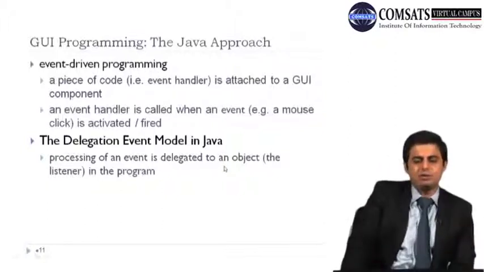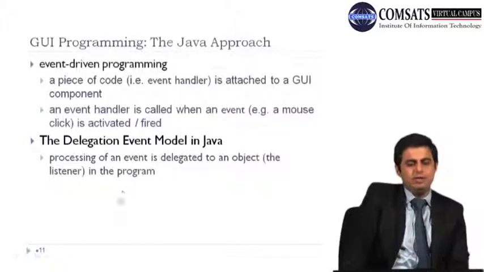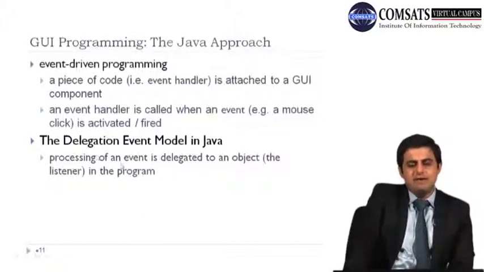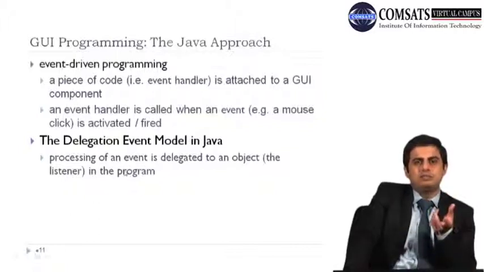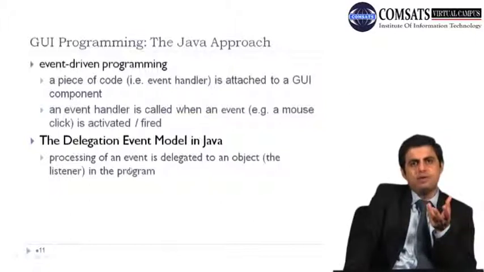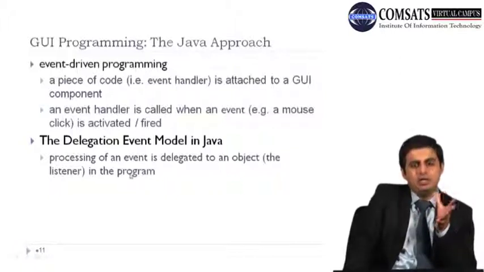The delegation event model in Java basically processes an event and delegates it to an object, the listener in the program. So the listeners are basically the delegations. The listeners are pieces of code that listen to the condition of a button or any component in your program, and then act accordingly.